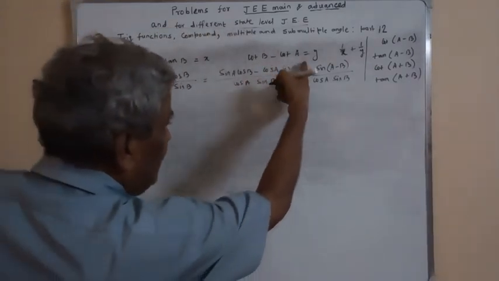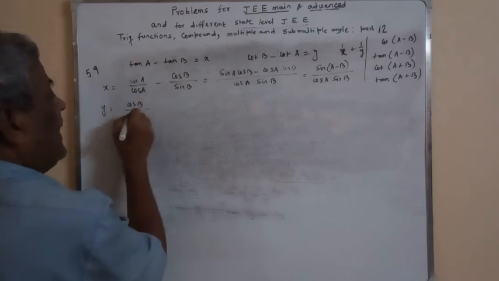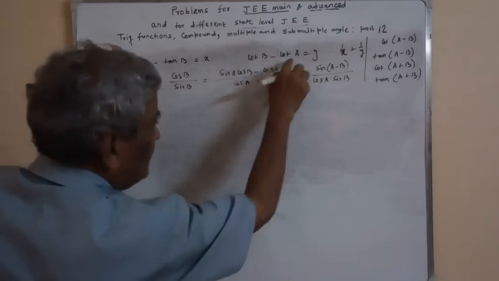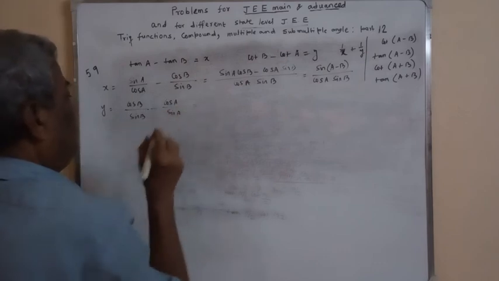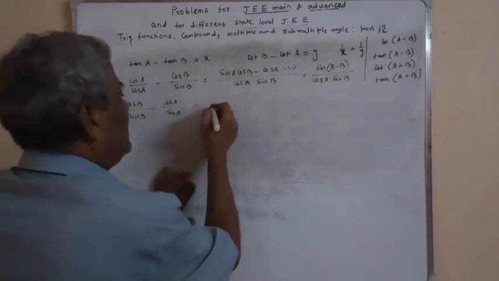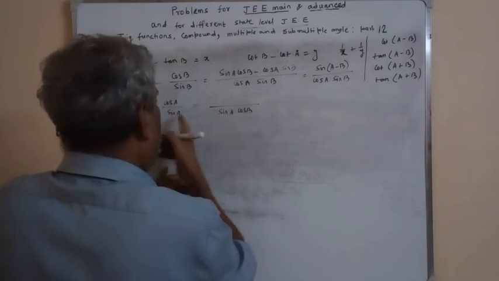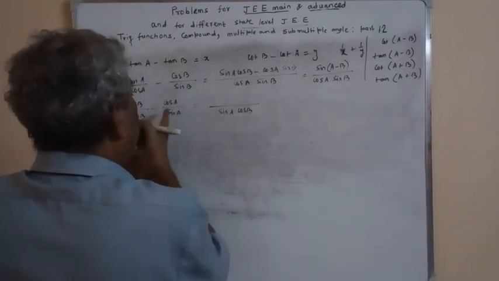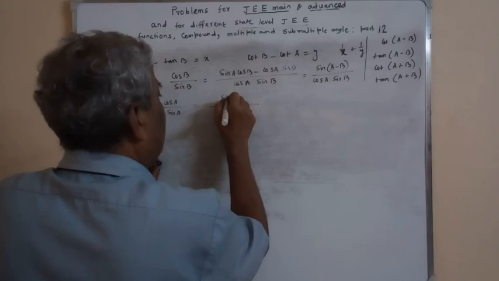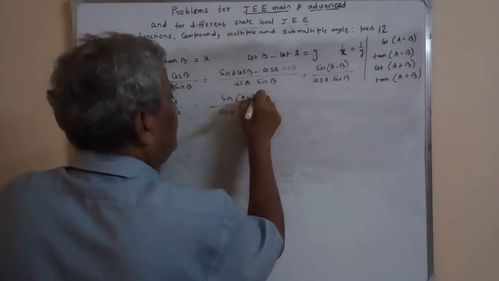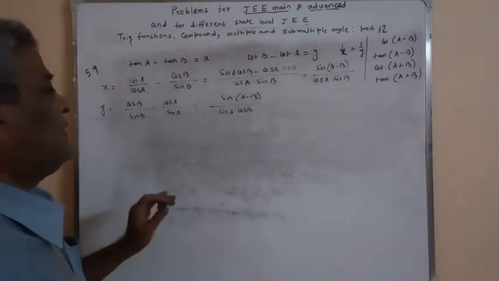Now y. y is equal to cos B by sine B minus cos A by sine A. Now by same technique, the LCM is sin A sin B, and in numerator sin A cos B minus cos A sin B, that is sin of A minus B. Now I get x is equal to this, y is equal to that.